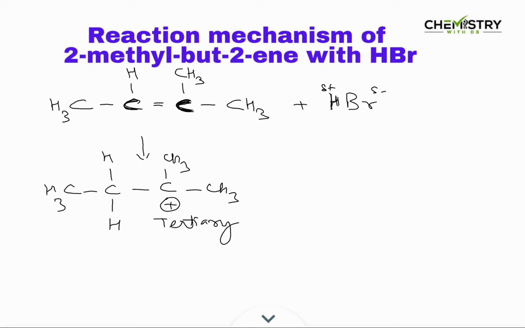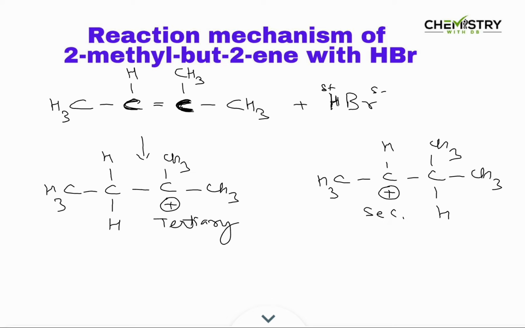If the hydrogen had gone to this carbon, then the carbocation that would have formed as an intermediate would have been a secondary carbocation. And you know that tertiary carbocations are more stable than secondary.